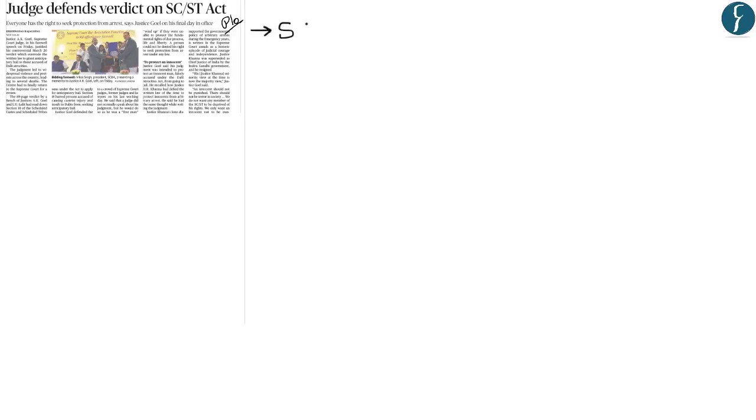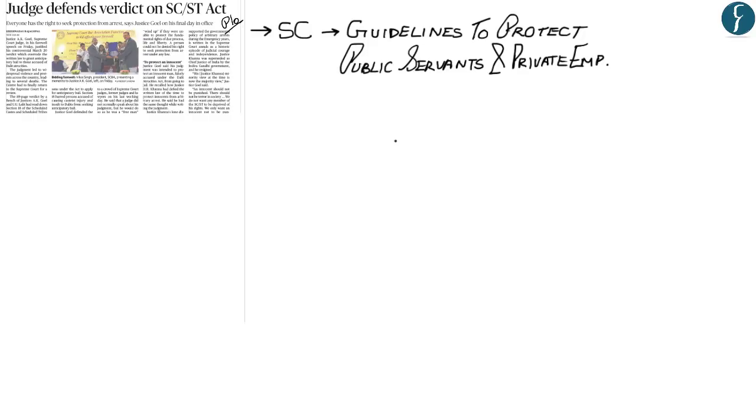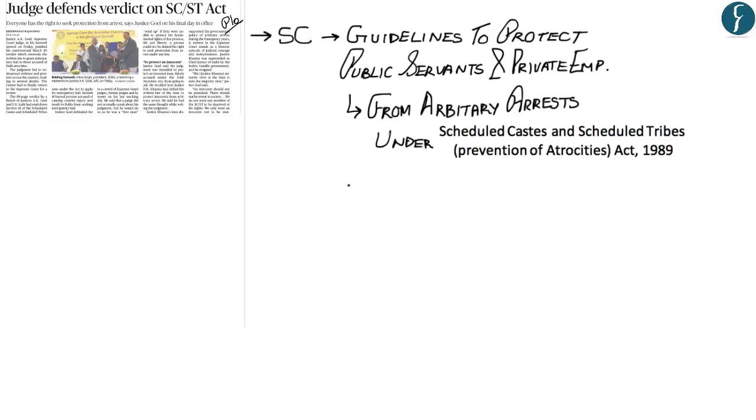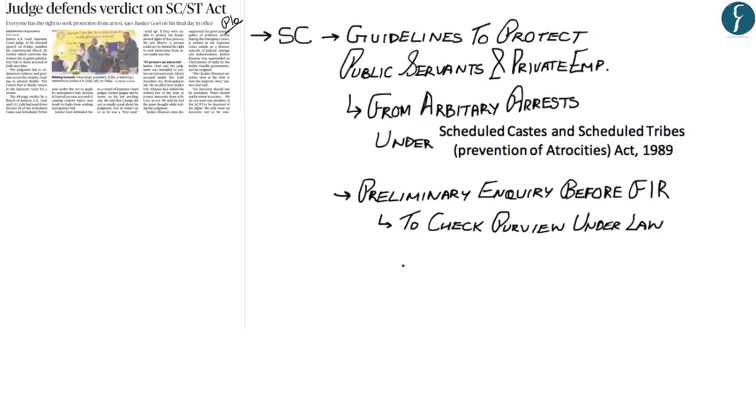Now the Supreme Court has issued guidelines to protect public servants and private employees from arbitrary arrest under the Scheduled Castes and Scheduled Tribes Act of 1989. The Supreme Court further stated that a preliminary inquiry must be conducted before registering an FIR, and this preliminary inquiry would check whether the case falls within the parameters of the Atrocities Act and whether the case is frivolous or motivated.